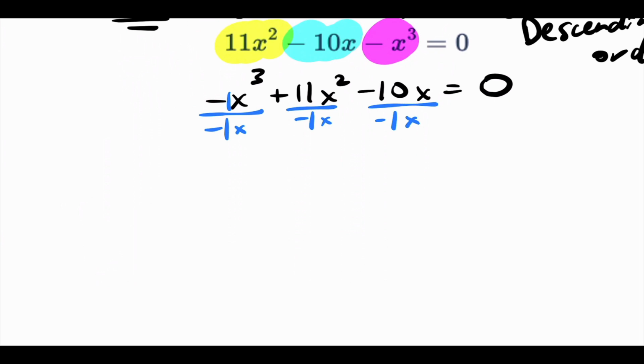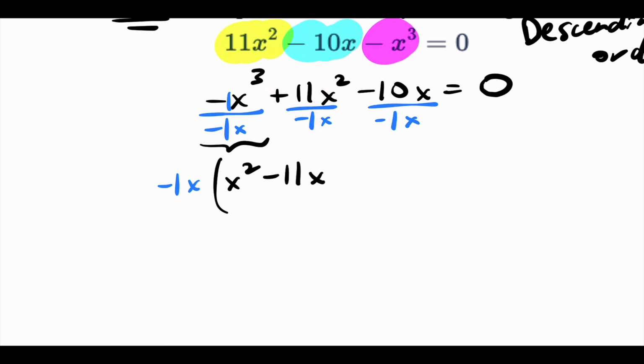Okay. -1 divided by -1 makes a +1. And then I got to take out an x squared. Oops, wait. I forgot to put the GCF in front. The GCF needs to go in front. So that's going to make x squared, 1x squared, because I took away a power and I divided by -1. Okay. -1 goes into +11, -11 times.